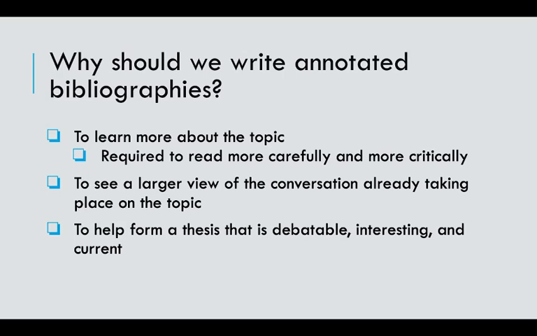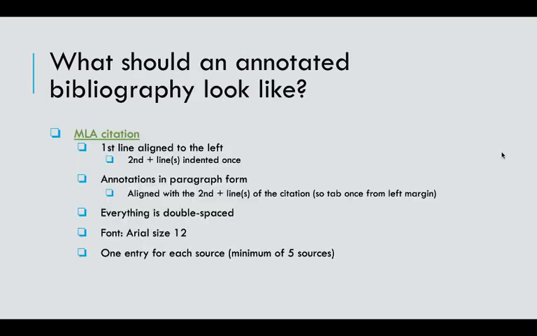Once we get that whole picture, we learn more about our topic. We see how the different ideas fit together and how they challenge one another. We're able to form our own thesis, our own main idea for our paper, that is debatable or discussable, since we're not necessarily writing an argument, something interesting and current. We're not just repeating the same old, but finding something different that we can add.